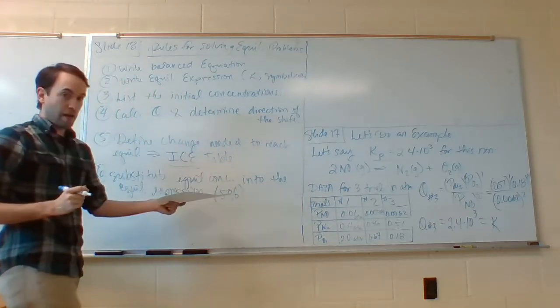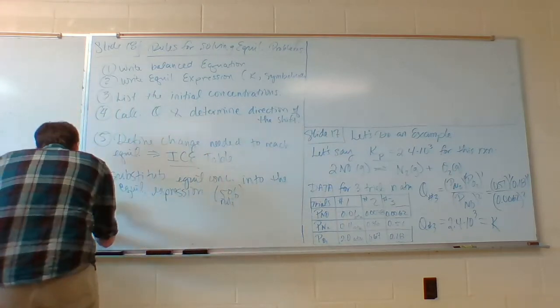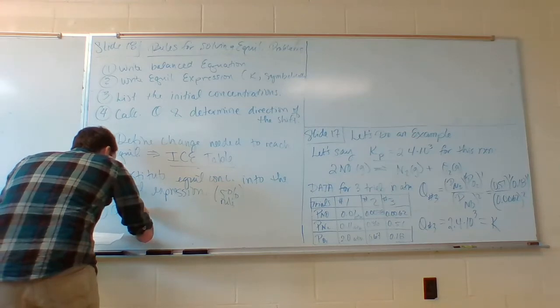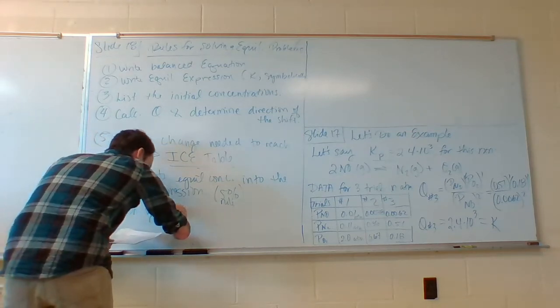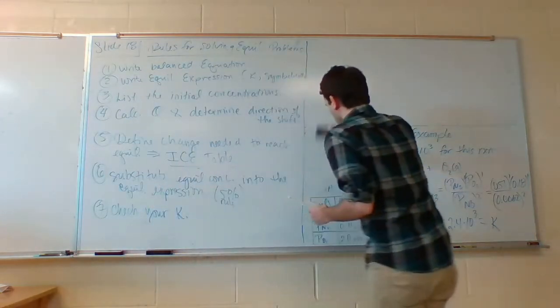I will talk to you about the 5% rule. All right. And then the 7th step is going to be to check your K. All right.